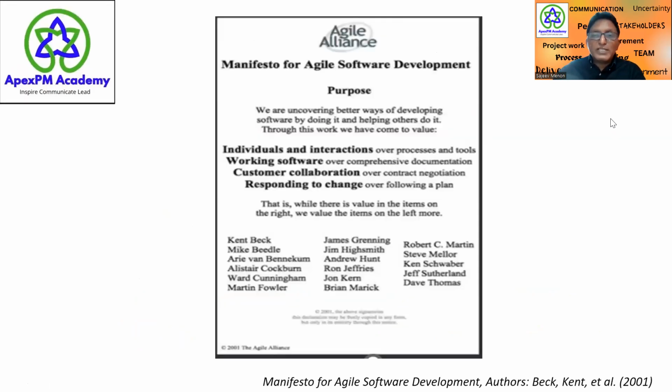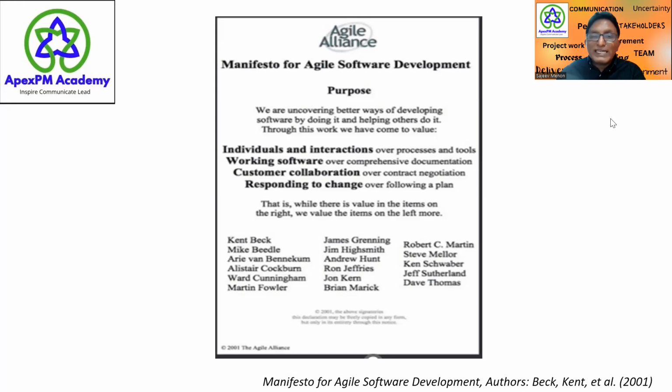This is the manifesto that came out in the year 2001 for Agile. Here you have a preamble which states that we are uncovering better ways of developing software by doing it and helping others to do it. Through this, we have come to value the following. These are the values of Agile. Individuals and interactions over processes and tools, that is the first one.